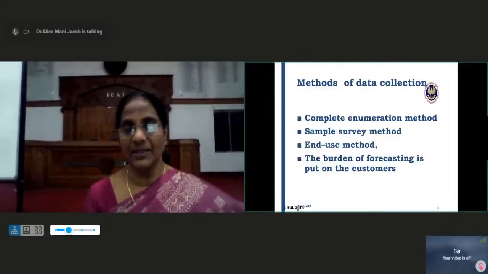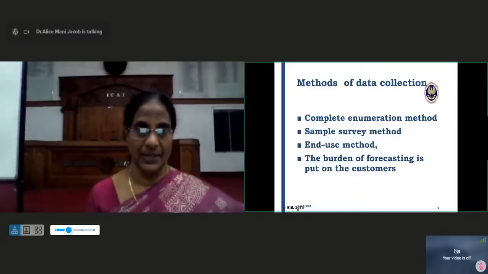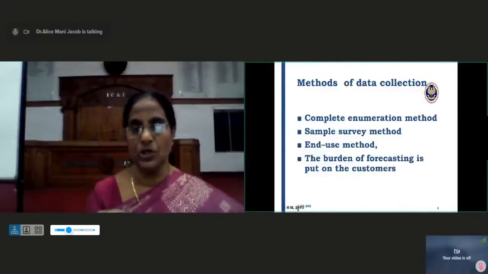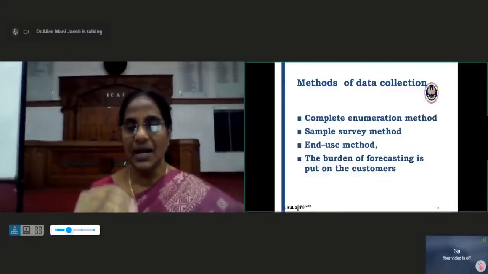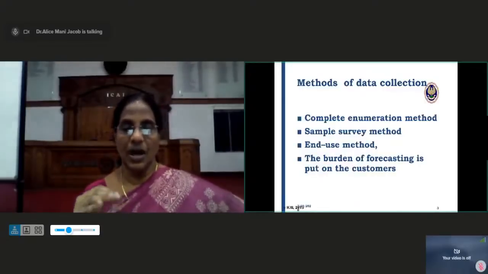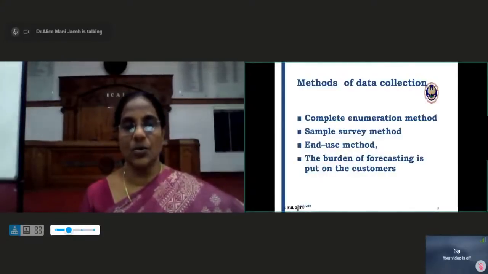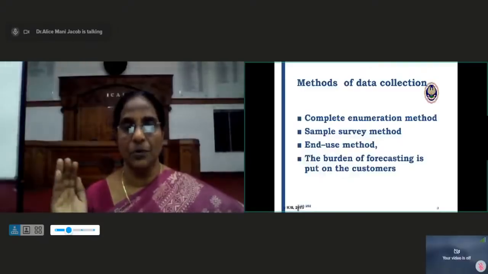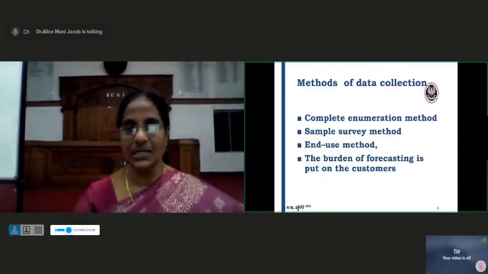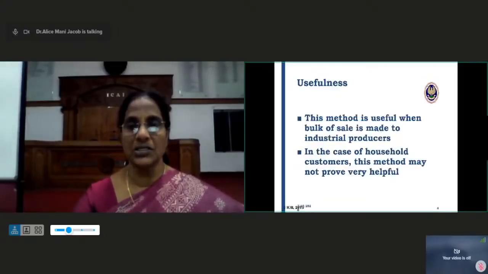The third method is end-use method. This is when you are manufacturing inputs. You know what is input? Input is an intermediate good which is used for further production. So ask the end users, okay, how much you will be buying this input. Okay, and then take an estimate of this. So it is actually the customers who are responding, and you take the responses and then put it in your computer and calculate.